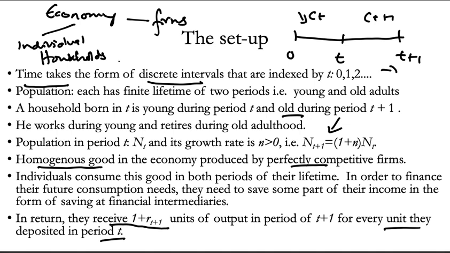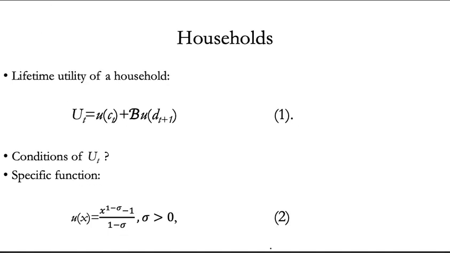For individual households, I have shown you the general idea, but I'll show you specifically the setup of the individual household, and then I'll show you specifically the setup for the firms. Let's look at the specific setup for the household, where we have the utility function. The lifetime utility of a household is given by expression 1: U_t equals u(c_t) plus beta u(d_t plus 1).